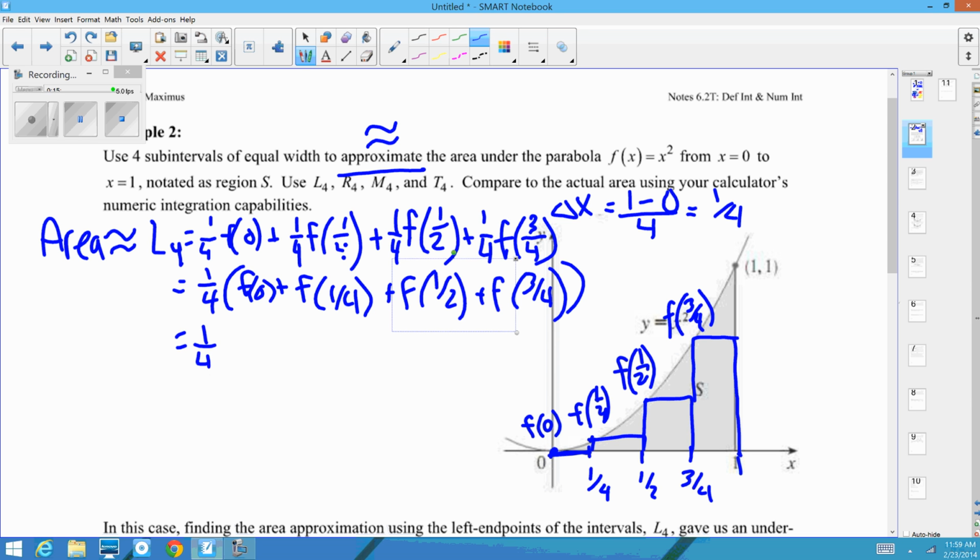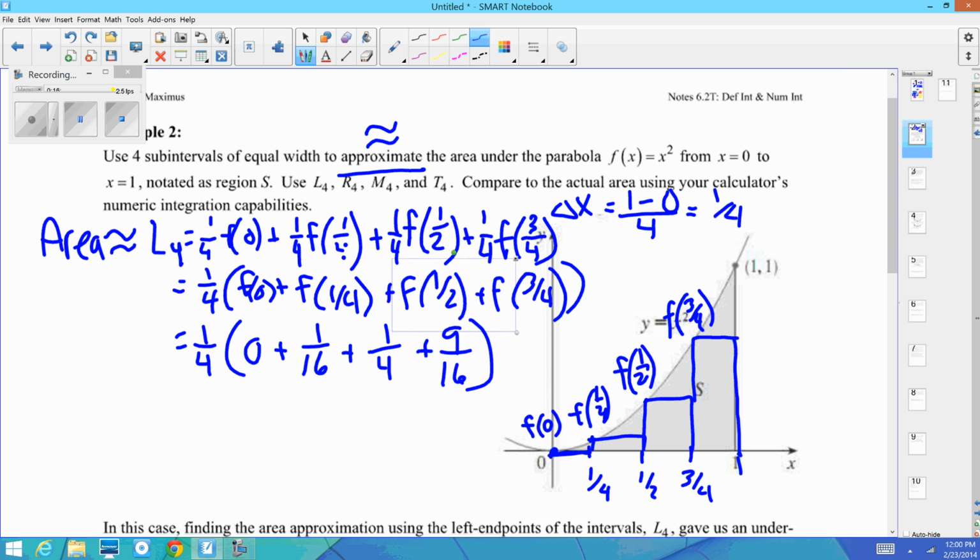So 1/4 times, this will be 0 plus 1/16, 1/4, 9/16. All right, and if we want to change that, that would be 4/16, right? So we'd end up with 1/4 times 14/16, or 1/4 times half of that, 7/8.